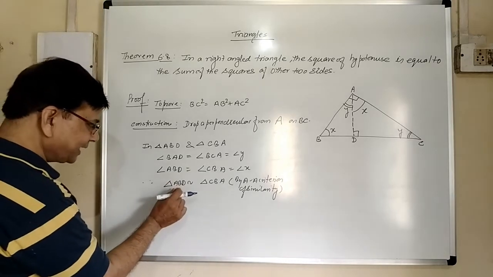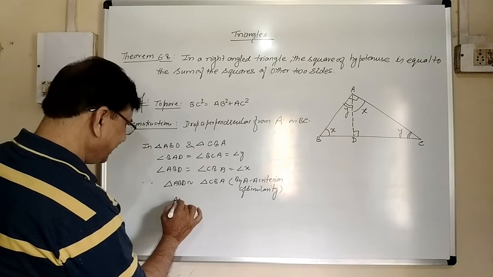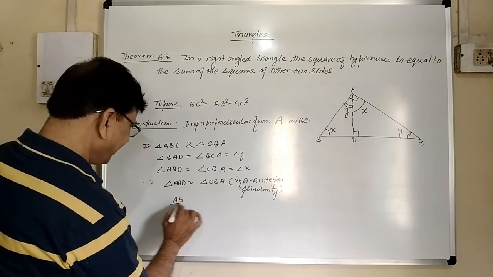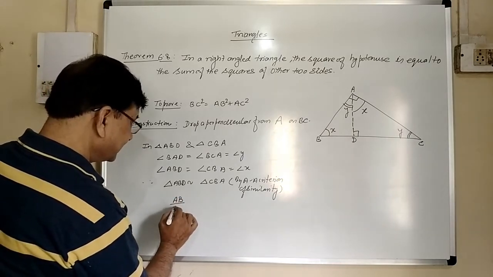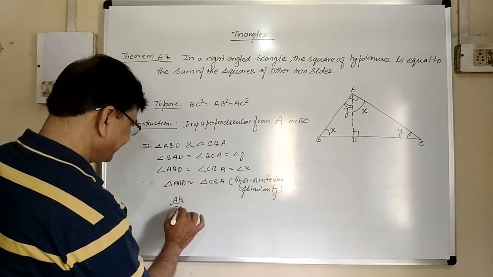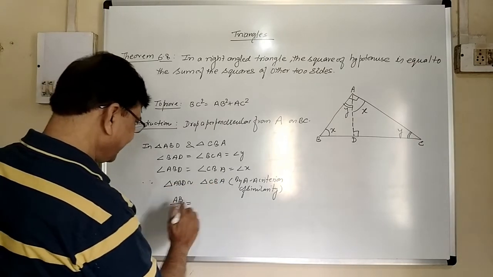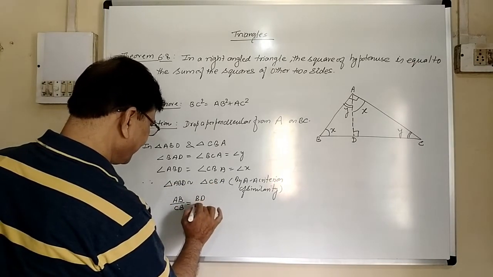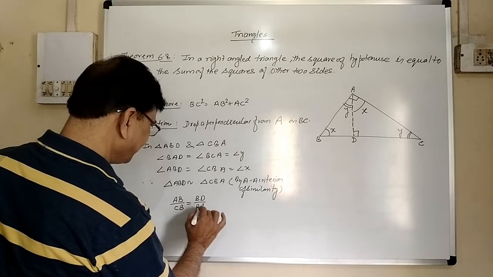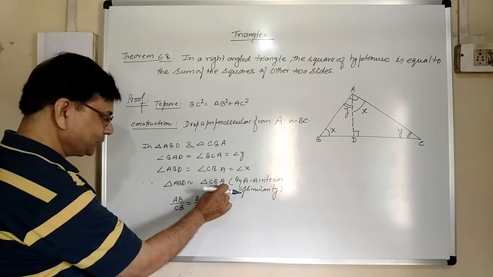So, the ratio of corresponding sides means AB upon CB is equal to BD upon BA. This corresponds to this and this corresponds to this.